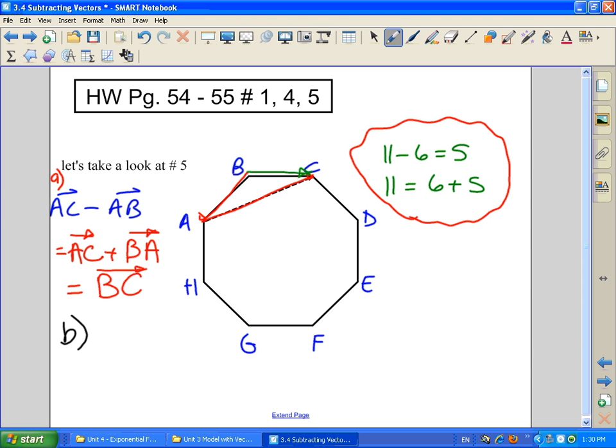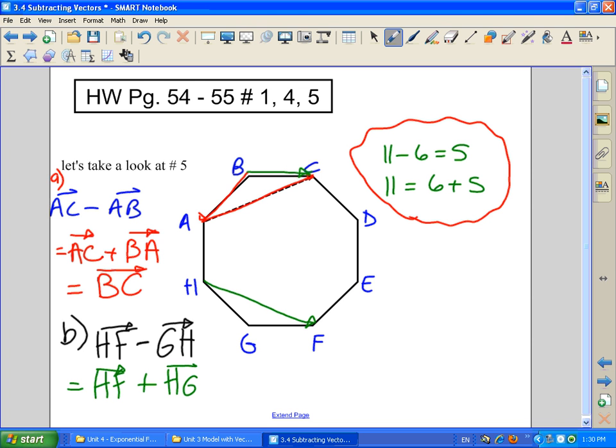So B in our textbook says HF subtract GH. First of all, let's take a look, folks, at HF. Then we're going to subtract. Remember, we can change the second one to add it, which is HG.